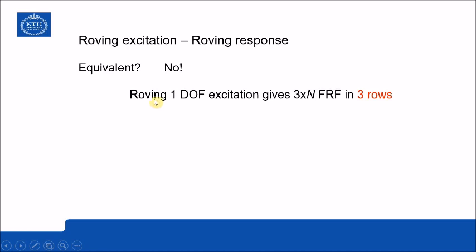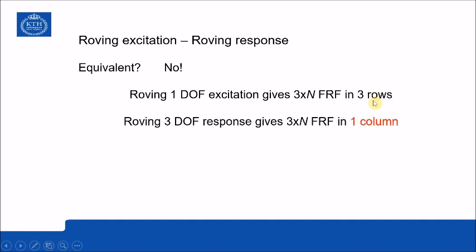First of all, if we use the roving excitation method, we will get 3 times n frequency response functions in 3 rows. If we use the alternative, that is roving response with a 3-axial accelerometer, that will give us the same amount of frequency response functions but in one single column. And that has important implications for our results.